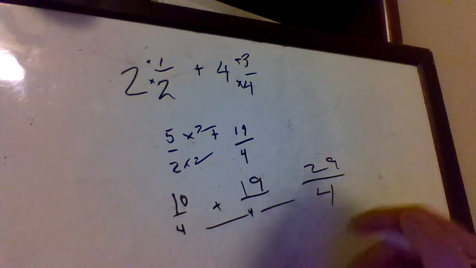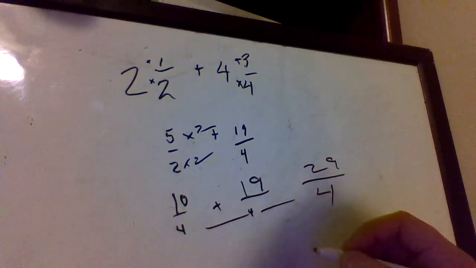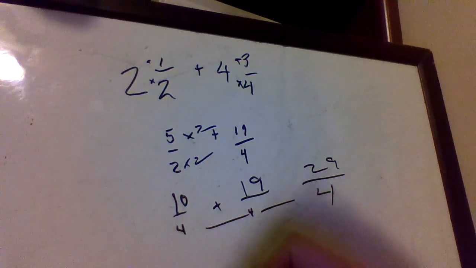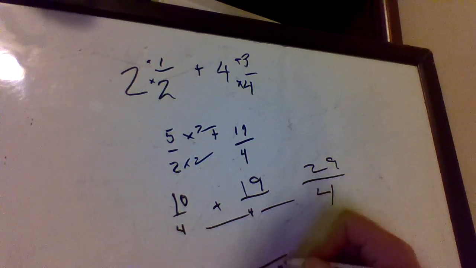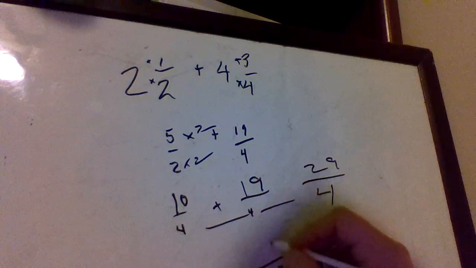But just for the sake of learning, I'm going to show you how to make it back into a mixed number. So we take the bottom, we put the bottom outside the house, and then we take the top inside the house. So 4 goes into 29 how many times? And I'm going to say 7.